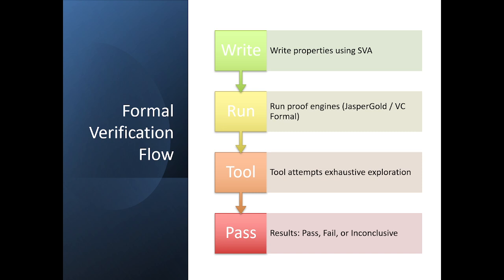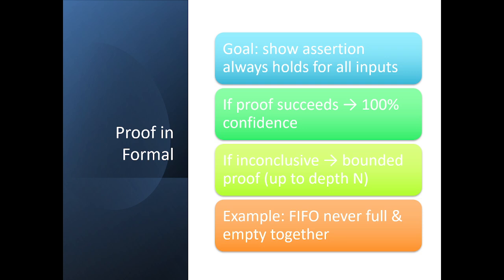This flow integrates easily with simulation for a hybrid verification strategy. Proof in formal: when the tool proves a property, it guarantees that the property holds for all legal inputs and states. For example, the FIFO will never overflow beyond its capacity. This kind of guarantee is impossible with simulation alone.